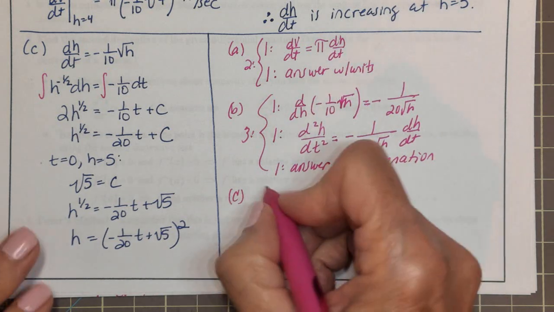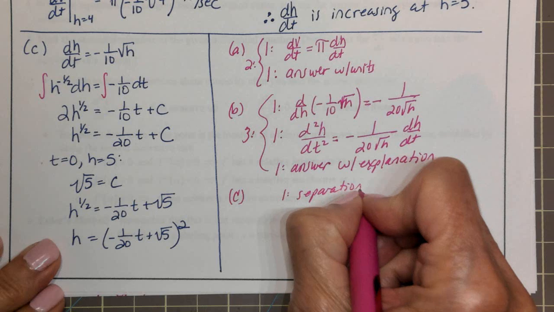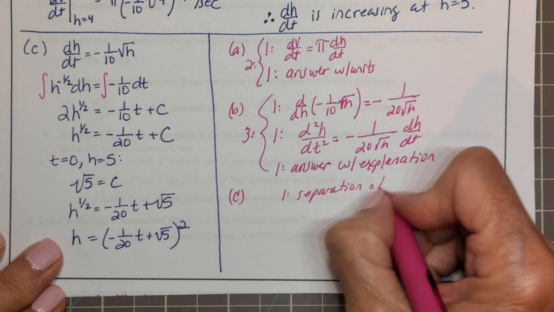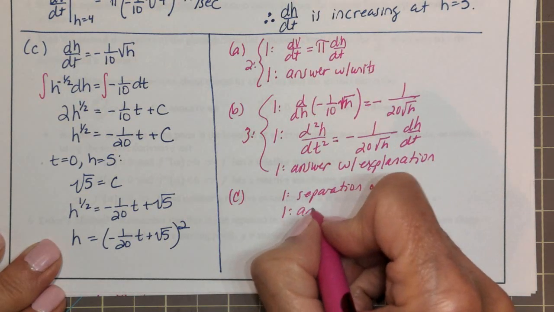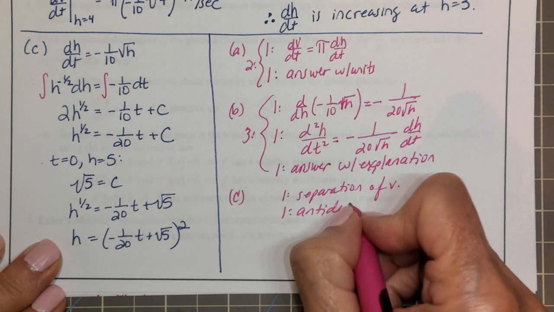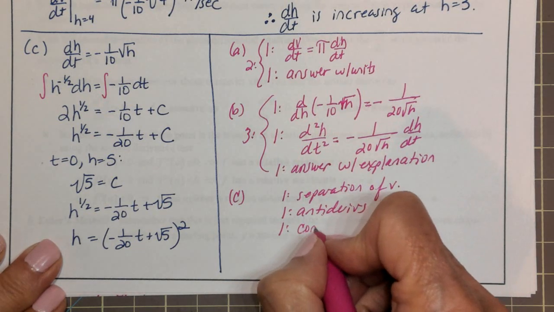For part C, 1 point for separation of variables. 1 point for the antiderivatives. 1 point for the constant of integration.